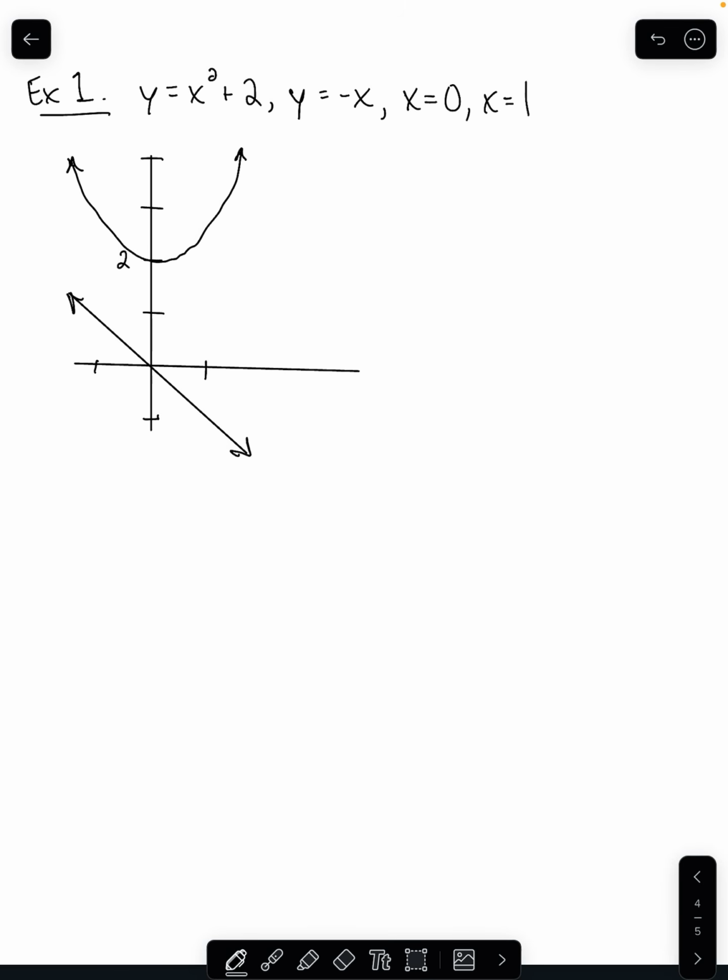And then we have the vertical line at x equals 0 and the vertical line at x equals 1. Which gives us this region in between.